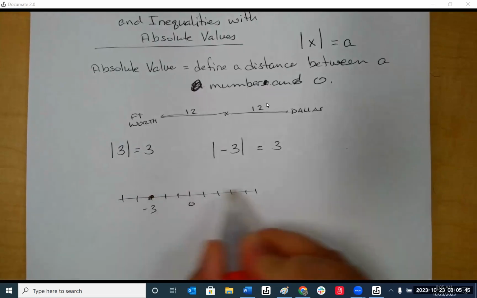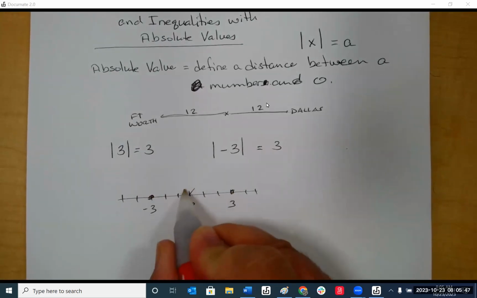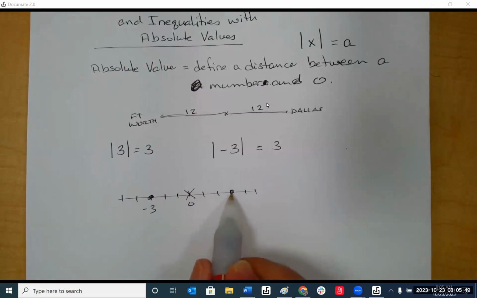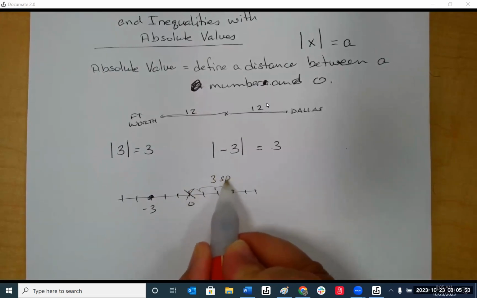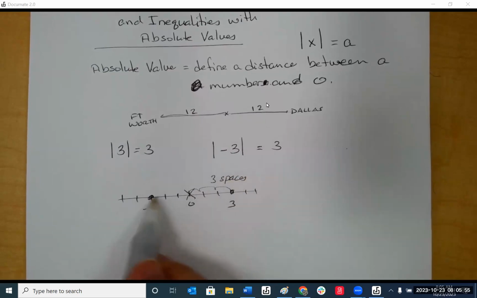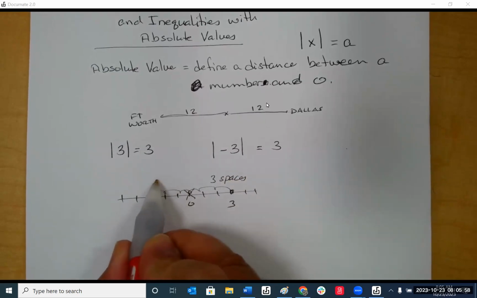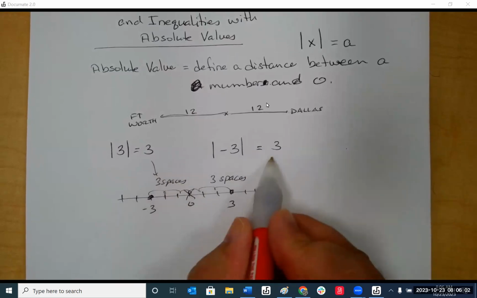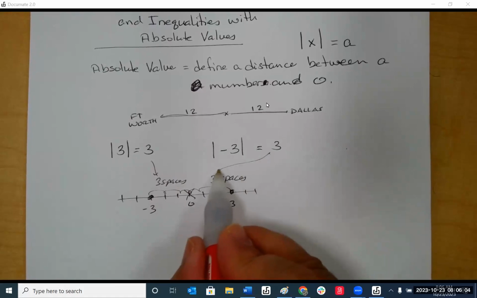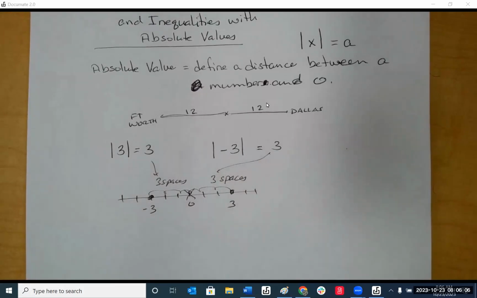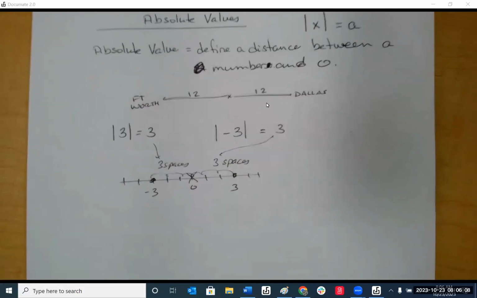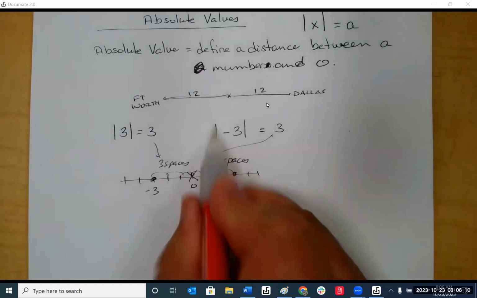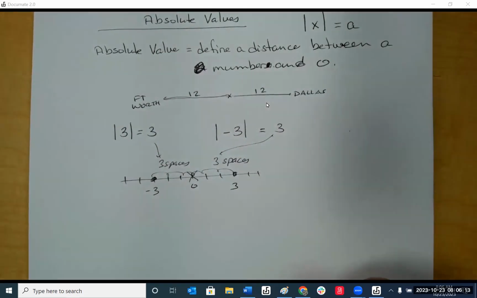So if I ask you, starting at 0, how far is it to this number? You'd go 1, 2, 3. 3 spaces. Likewise here, 1, 2, 3. 3 spaces. This is the absolute value. So there is no positive or negative. If it's inside there, it wipes it out.